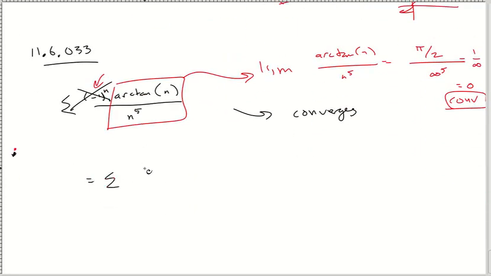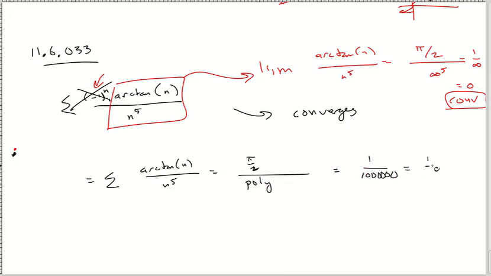This is equally easy because the top is pi over 2, and the bottom here is a polynomial, which is much bigger than a constant number. So we've got 1 over a huge number, and 1 over infinity is 0, so it converges.